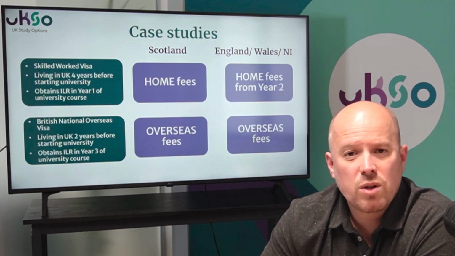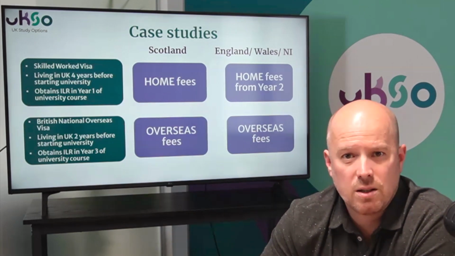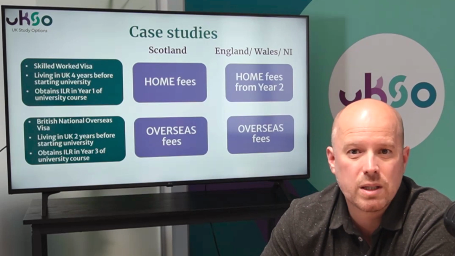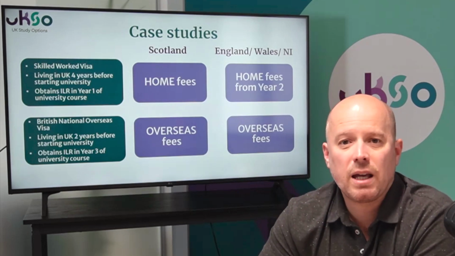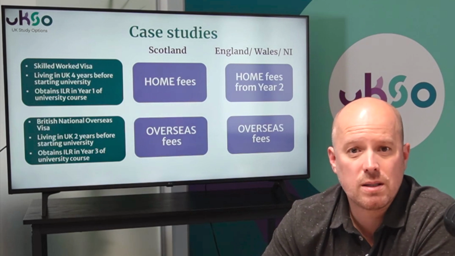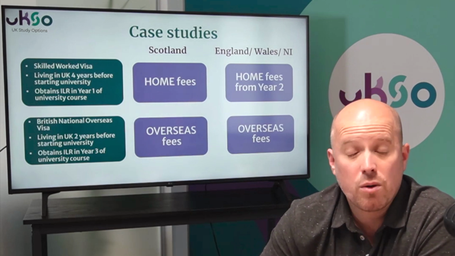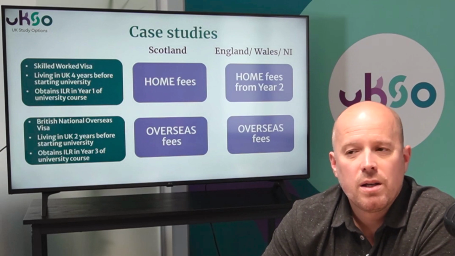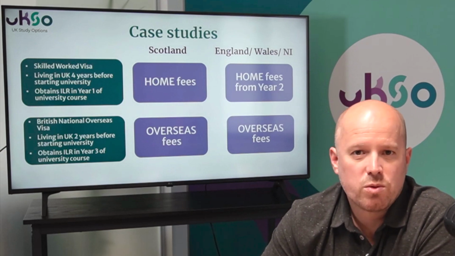In this example, they only had 2 years living in the UK, so probably only 2 years of ordinary residence before they start their course. This means that they cannot get home fees because this is a crucial requirement both in Scotland and in England, Wales, and Northern Ireland. So this student will not be able to get home fees because of that.